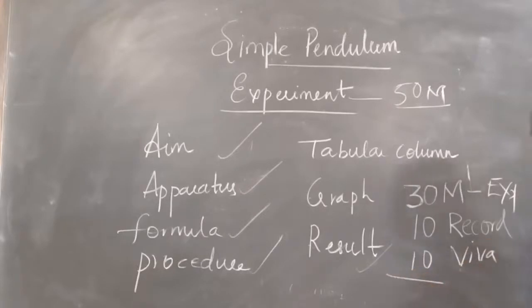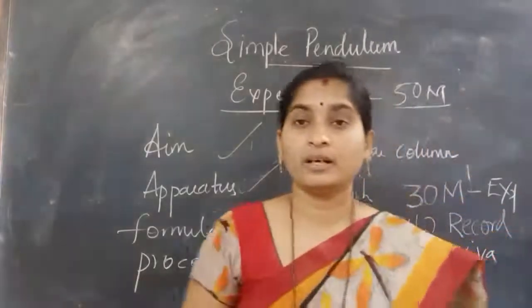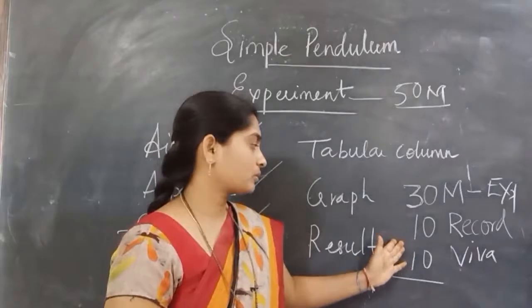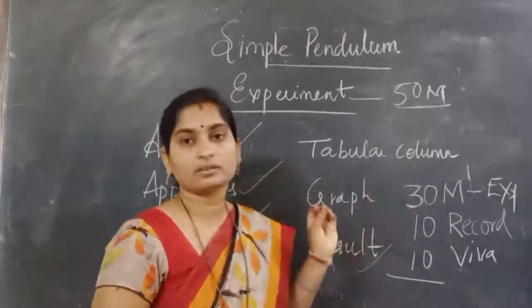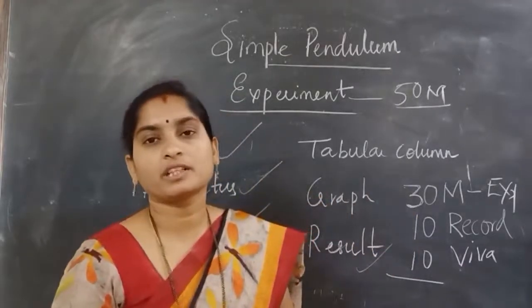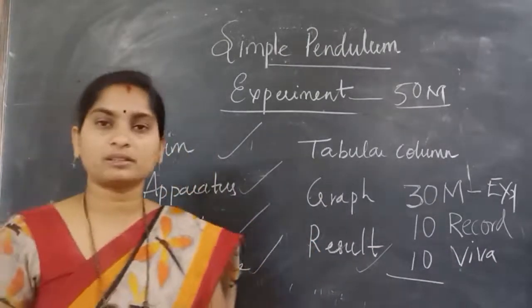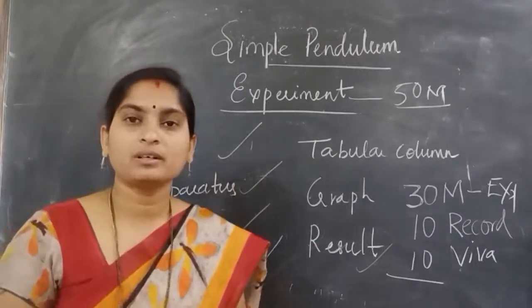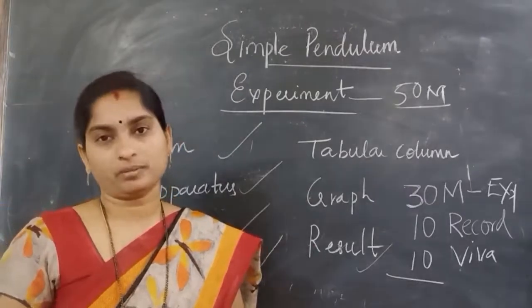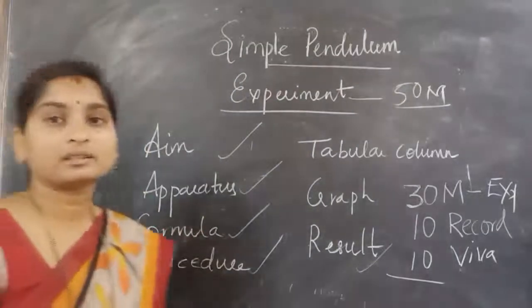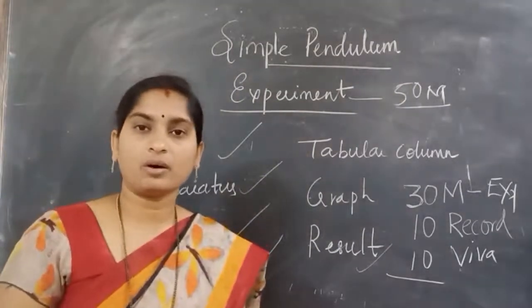In total, 50 marks. It means simply by submitting the record, or if you are not performing the experiment, you will not gain these 50 marks. So every semester for the physics paper you have 50 marks. And the externals also come from outside.